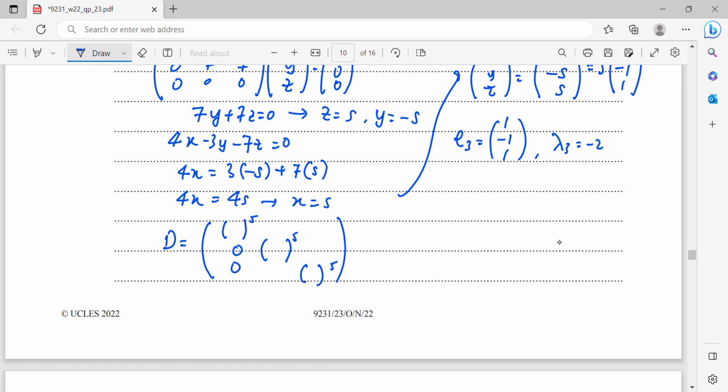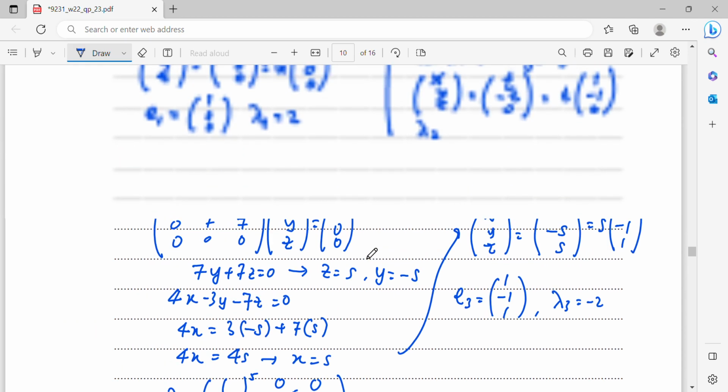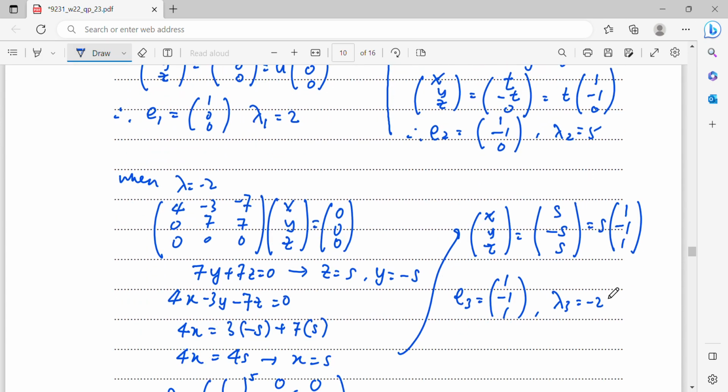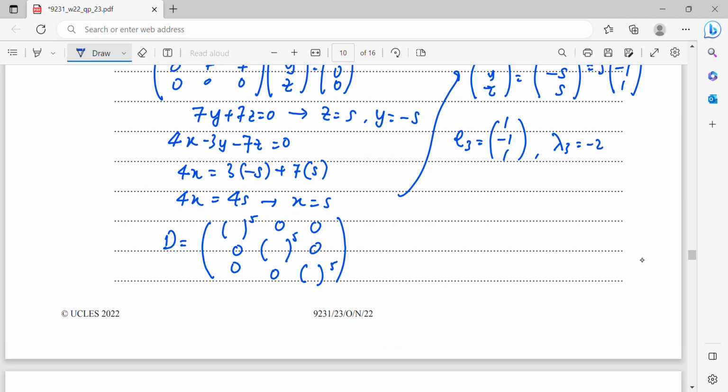Okay, and it is a diagonal matrix. So now you can write the first lambda is 2, second is 5, third is minus 2. It can be in any order. 2, 5, minus 2. Then here will be 32, 0, 0, 0, 3125.